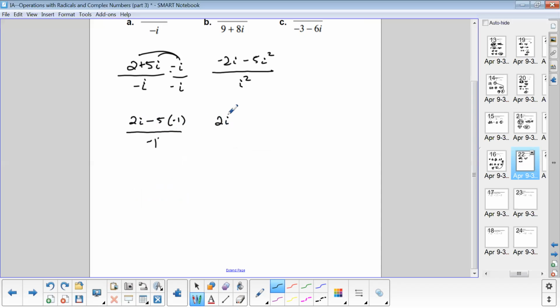So dividing by negative 1 is just going to change the sign. So I'm going to get negative 2i minus 5, or we would write it as negative 5 plus a negative 2i, or negative 5 minus 2i.